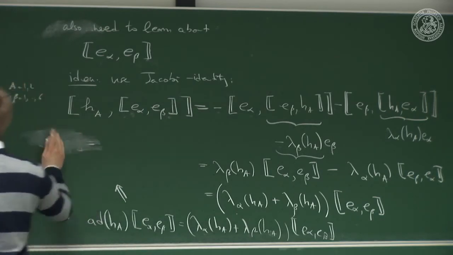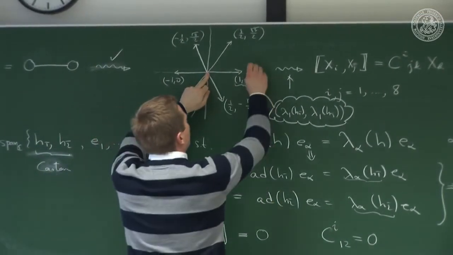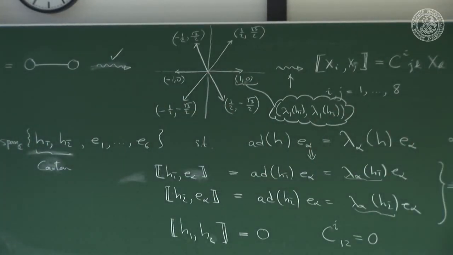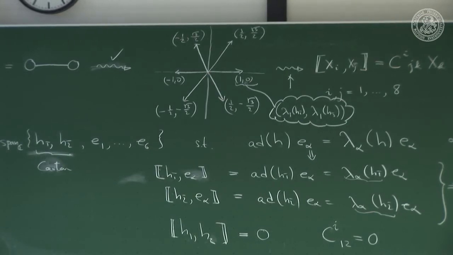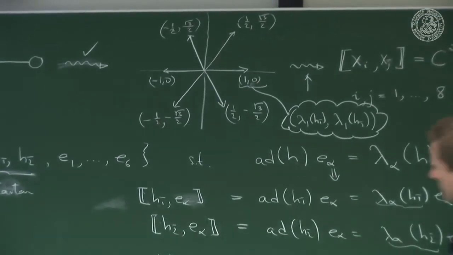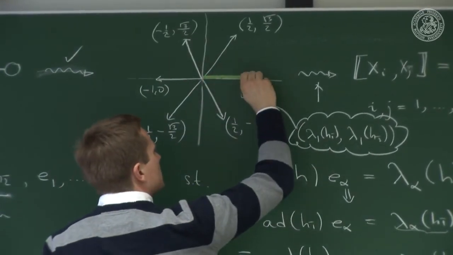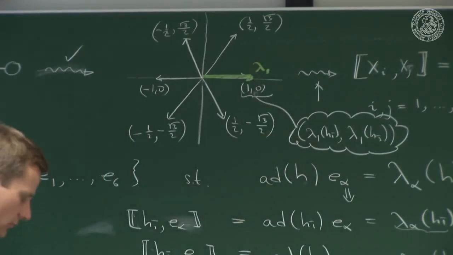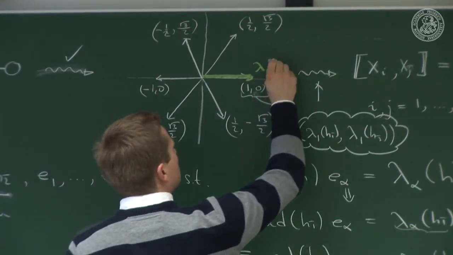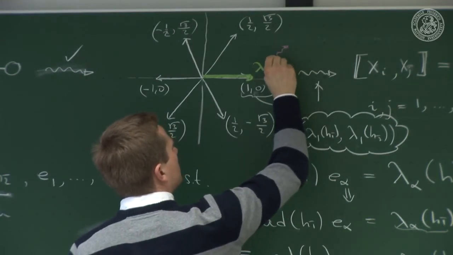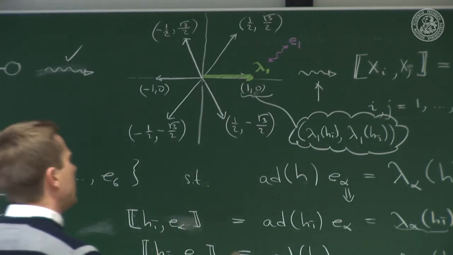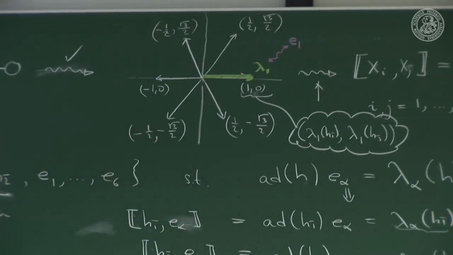Okay, so let's look at the diagram over here. So assume we call this guy, let me get some color. It's important to not get confused here. So this here corresponds to the root lambda 1. But associated with this root is, of course, E1, the eigenvector to which lambda 1 of H is the eigenvalue.